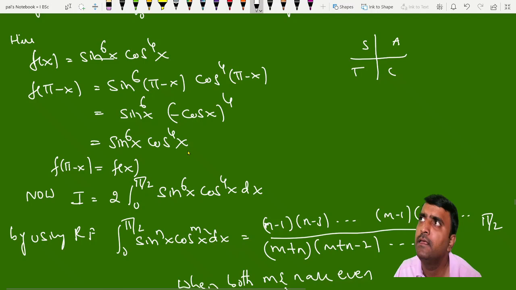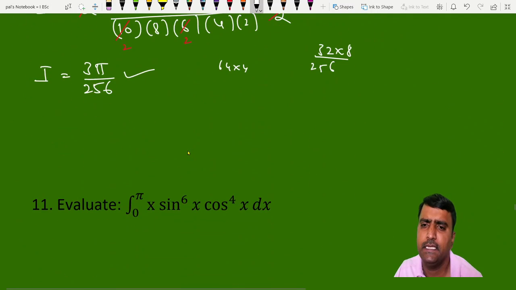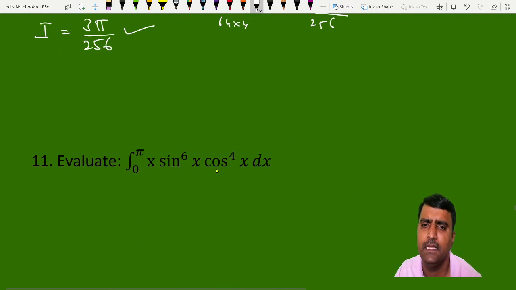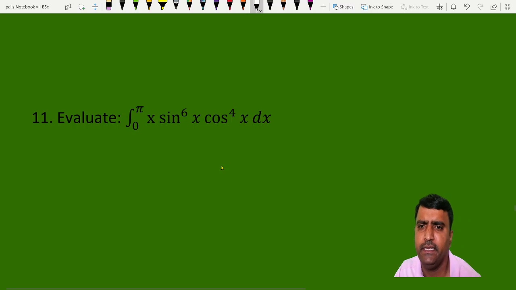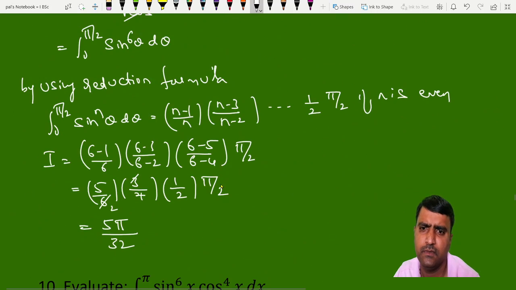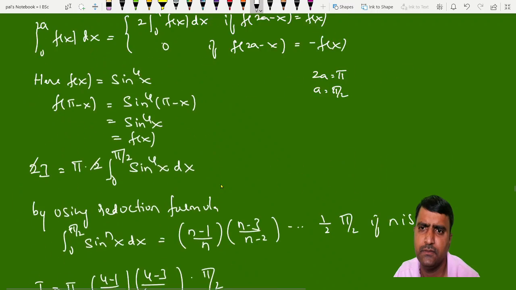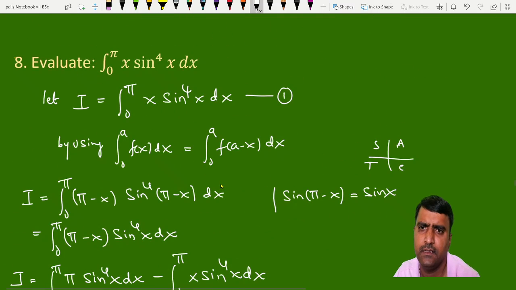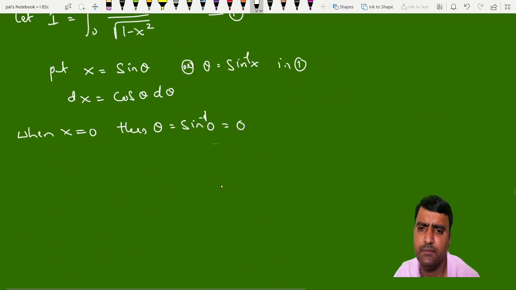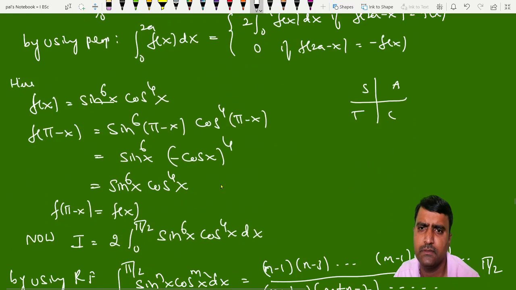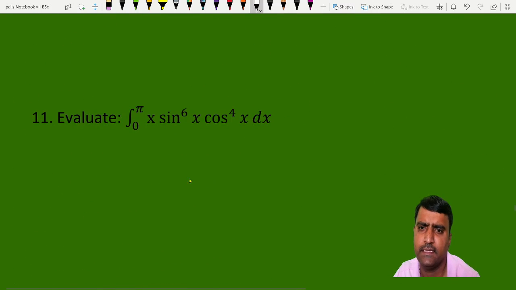Okay, so again take one more example, and here also use the property. I am directly writing its property. Let I is equal to, I think it is similar to the first problem. x into sine to the power 4 is there, but here we have two terms. x into sine to the power 6x, cos to the power 4x.